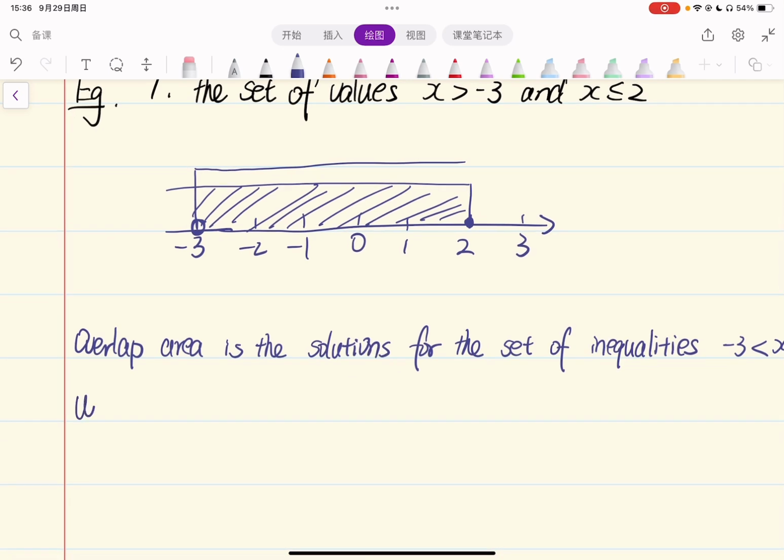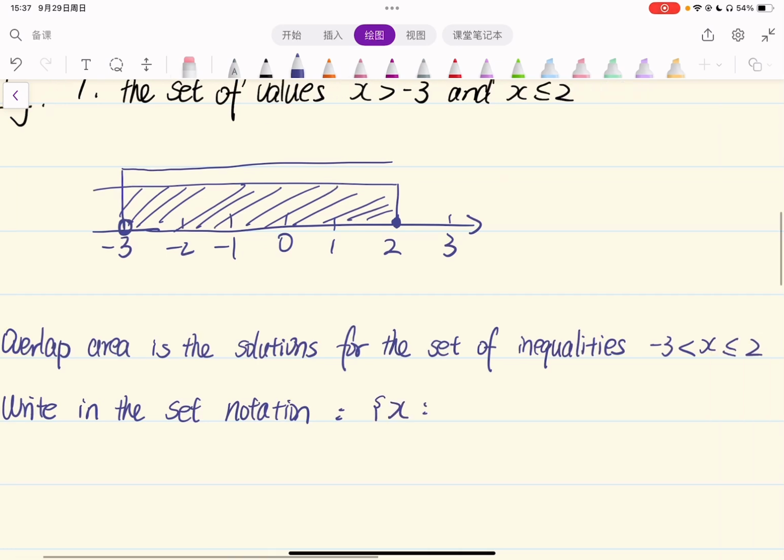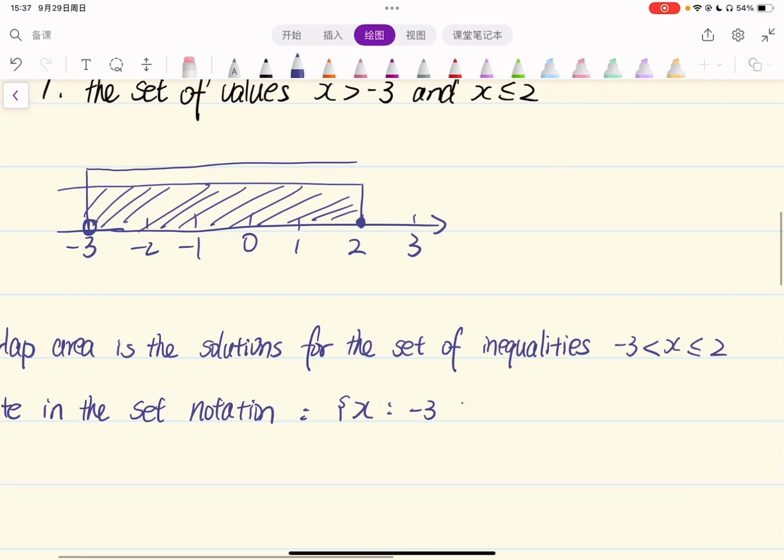We can also write it in set notation, that is, x such that -3 less than x less than or equal to 2.